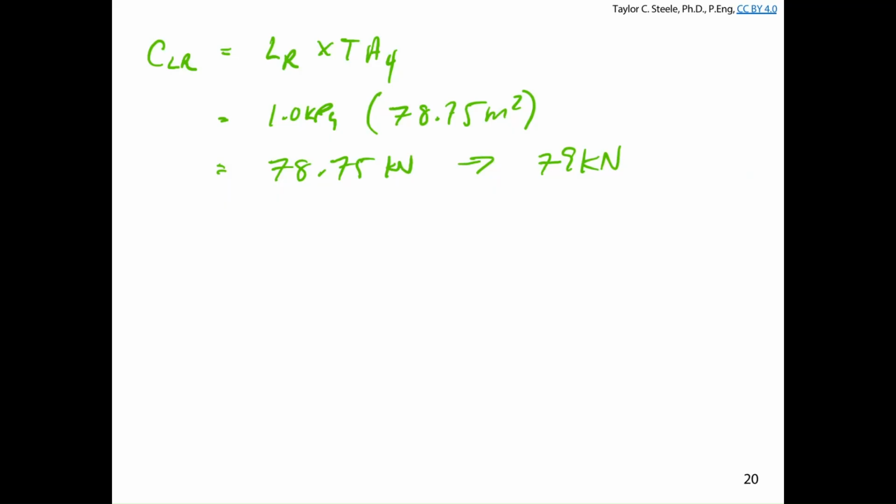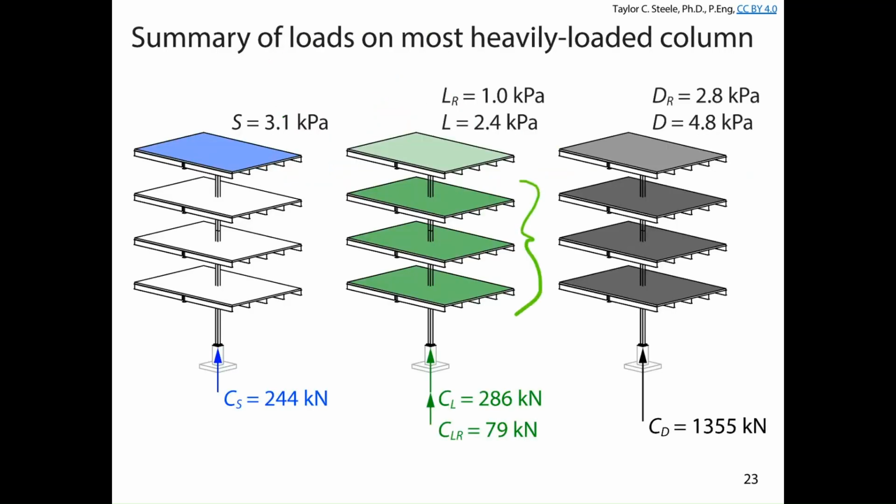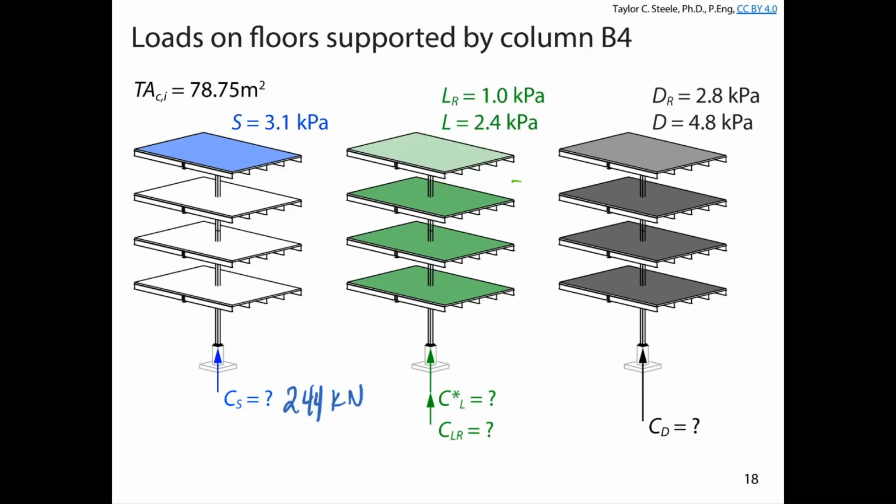Okay. Now we're going to look at the office live load. Whoops, I keep going to the wrong slide. Office live load. And that is going to be present over 3 floor areas. Floors 1, 2, and 3 all have this uniform office live load. And so there's going to be a tributary area of office space that this column is responsible for supporting.